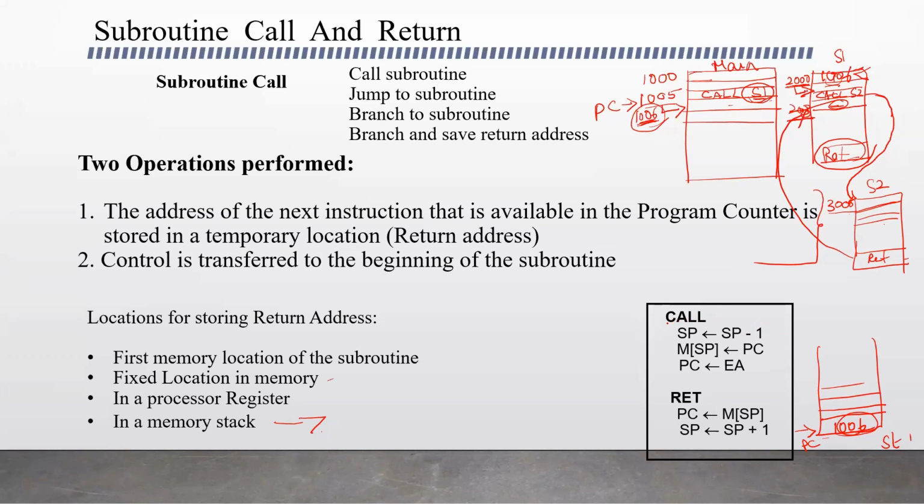Now the micro operations for call. When the call instruction is executed, SP, the stack pointer, is involved. When it is a memory stack, if the address starts from, let's say, 200, then when we have to insert another value into the stack, SP needs to be decremented, because it is 200 and it has to go to 199, the previous location where we can insert.